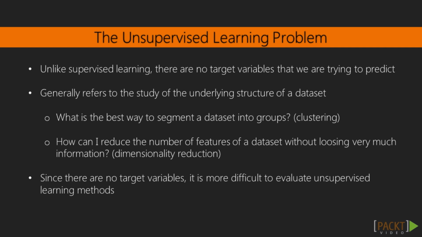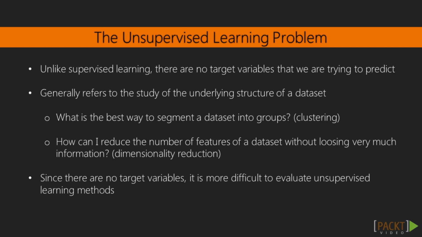The main difference between supervised and unsupervised learning is that unsupervised learning has no target outputs. It only deals with an input dataset. The general goal of unsupervised learning is to understand the structure of the dataset in different ways. For example, say you want to segment your dataset into natural groupings based on the similarities between data points.